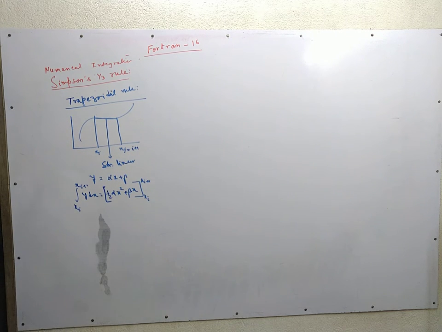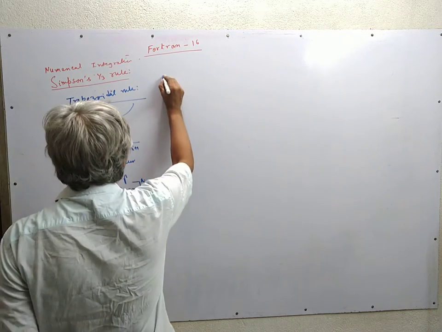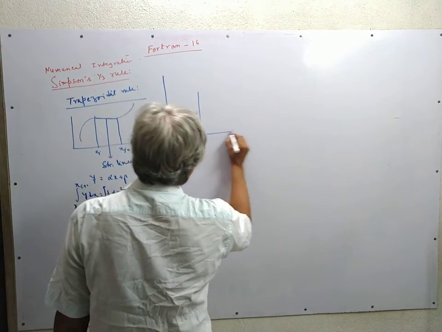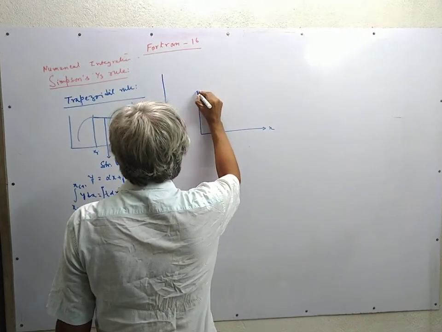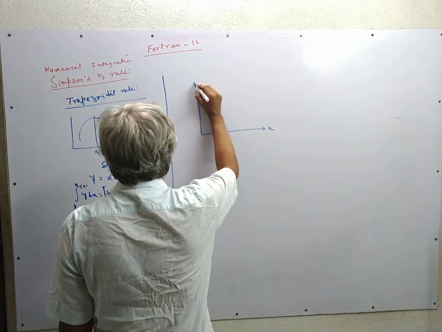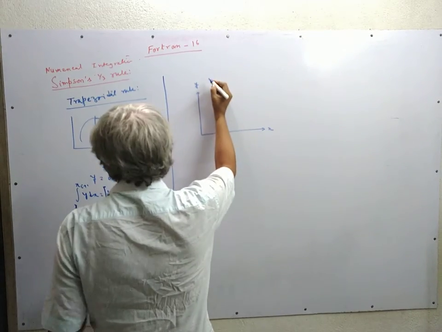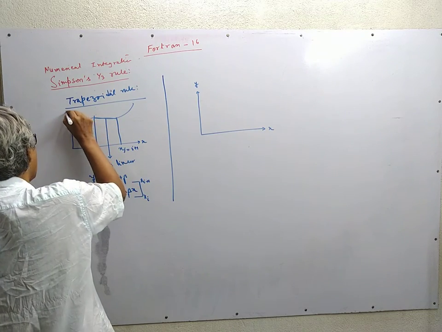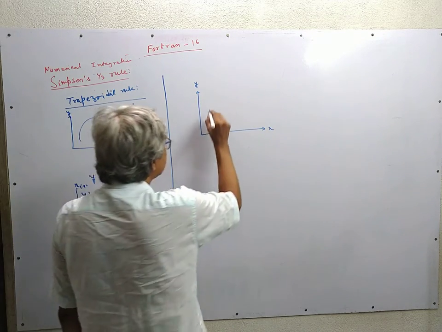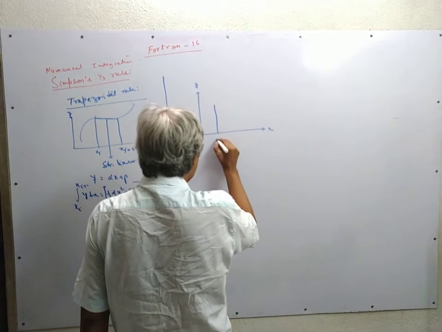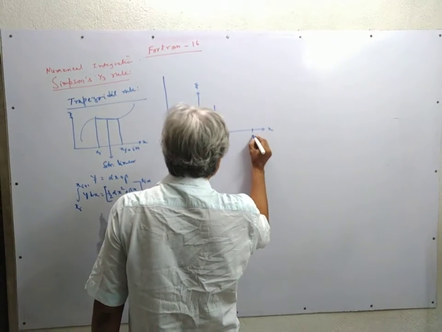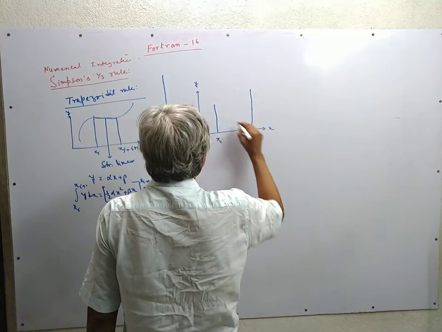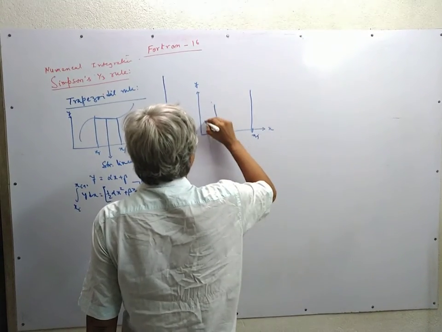This is the trapezoidal rule. In Simpson 1/3 rule, we approximate the function within a block by a quadratic expression, that is, the formula is a parabola. The graph is a parabolic curve. That is to say, if we have xi over here and xj over here, between xi and xj we approximate the curve like this.